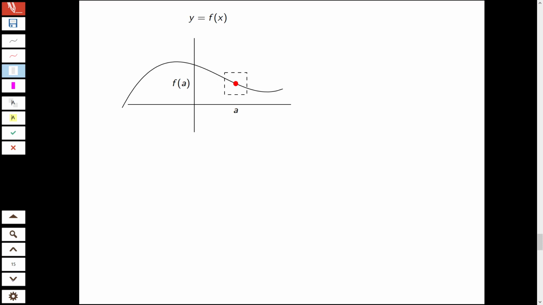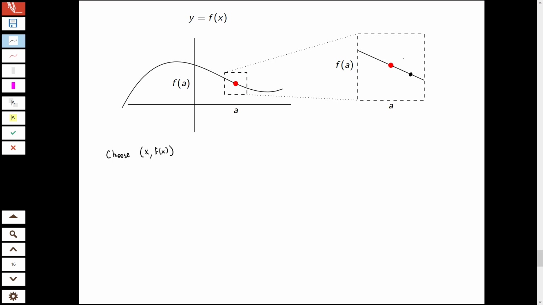And just as before, I'm going to zoom in near this point. When we zoom in around this point, the portion of the graph that we see is going to look pretty close to a straight line segment. What we can then do is choose a point on this segment.